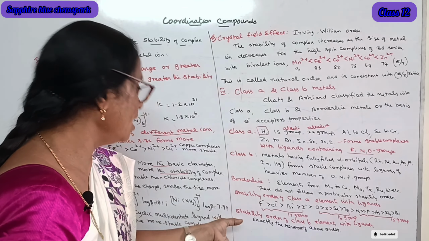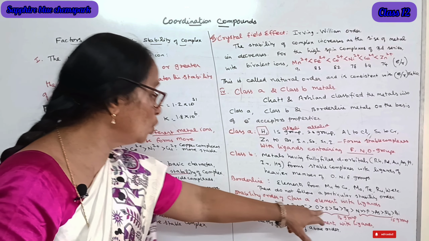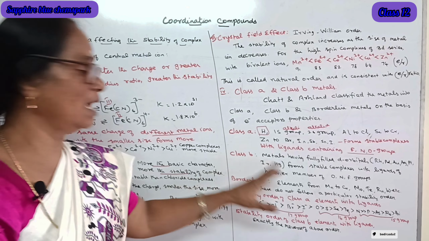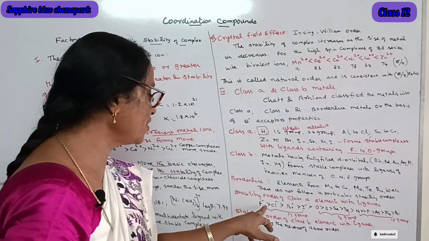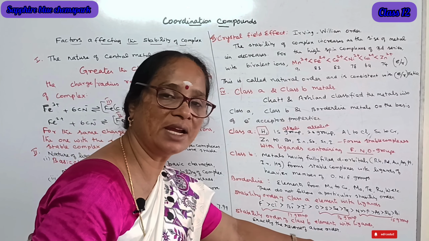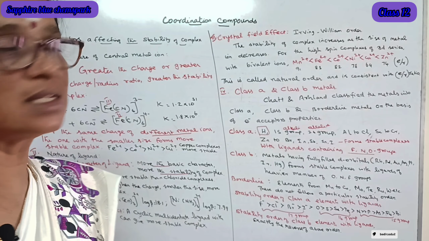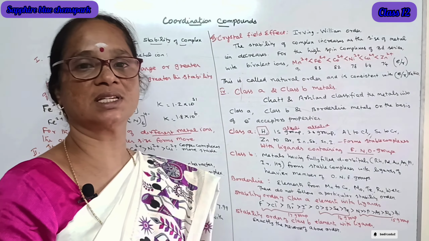For the formation of complexes with these groups by the class B elements, the order is exactly reversed. So instead of writing greater than, we have to write less than. So that's all. These are the factors that may affect the stability of complexes.